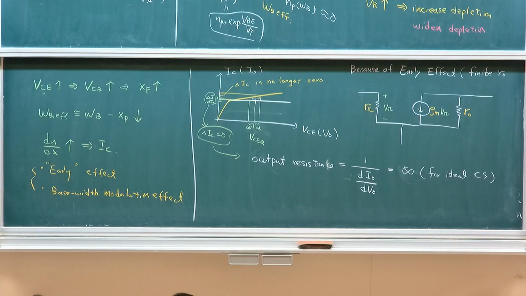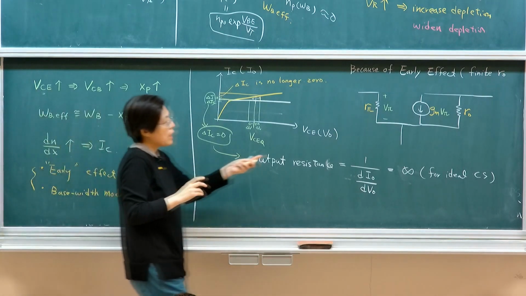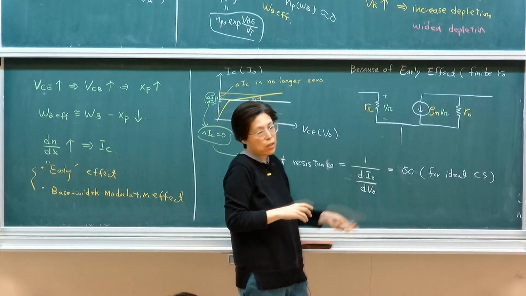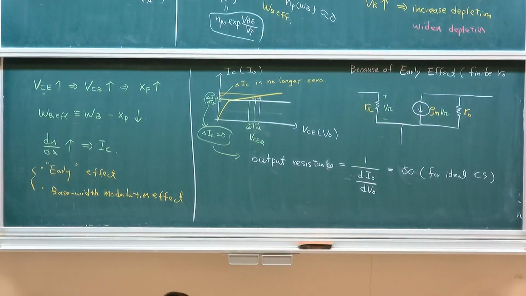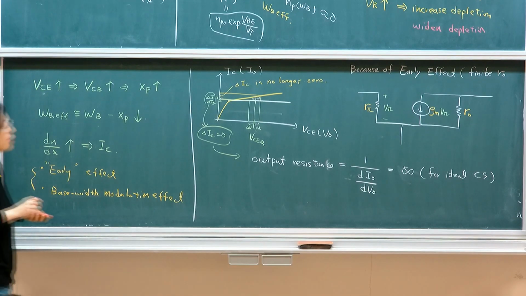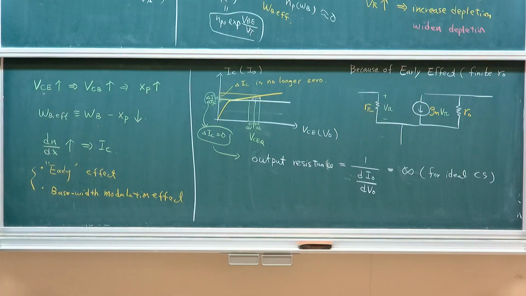So that is why it becomes much more significant than this DC correction. The correction on DC current would affect the accuracy of your current, but this would tell you the limitation as to the amplification of a circuit. Output resistance is very, very important. So what is the amount of output resistance? As I said, you could do it through the equation itself, or we can do it simply with the early model.